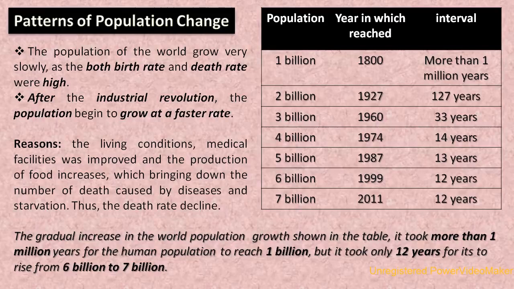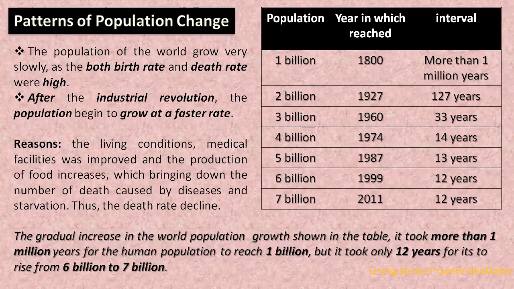But after the Industrial Revolution, medical facilities and all the facilities increased. So the population started to grow at a faster rate. The reason, as we discussed, is that living conditions and medical facilities improved and food production increased, which brought down the number of deaths caused by diseases and starvation.